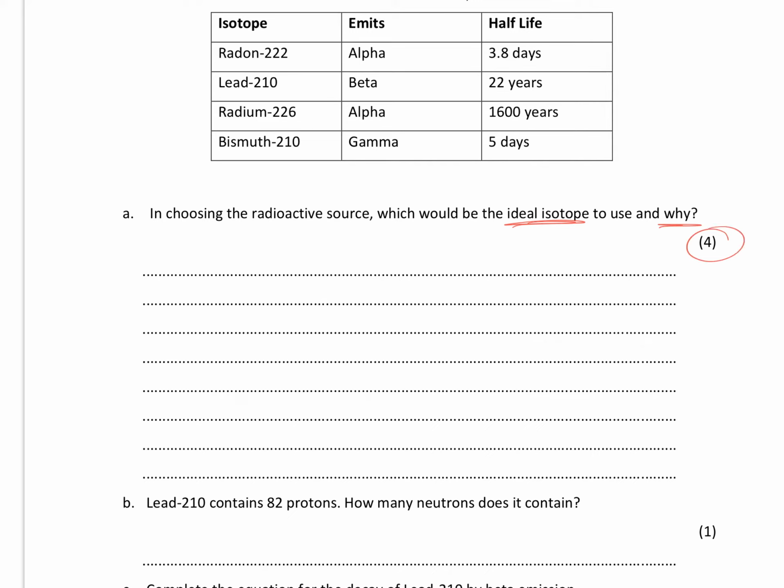4 marks. Okay, so we want type first. That's important. Then we want to know why. Is that one important? Then we want to know about the half-life and why that's important. So let's talk about each of those. What type? First of all, alpha. And why?